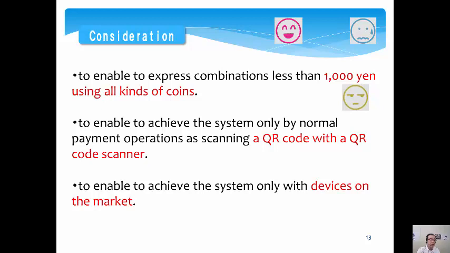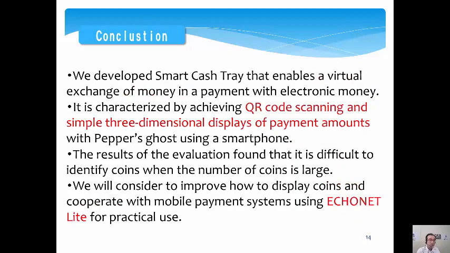Second one is to enable achieving the system only by normal payment operations such as scanning a QR code with a QR code scanner. That is good. Third one is to enable achieving the system only with devices on the market. This time we use only a normal Android smartphone and very primitive materials. So it is very cheap to construct this prototype system. So this evaluation issue is good.